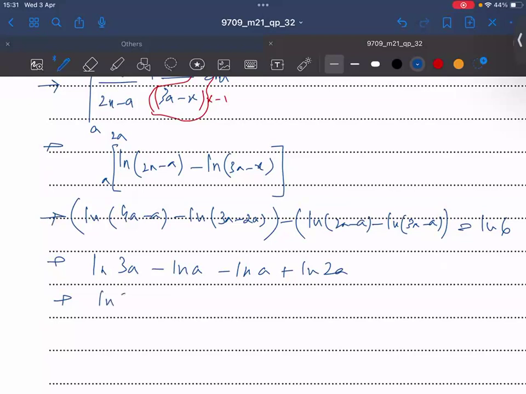So it's going to be ln 3a plus ln 2a minus 2 ln a. So this is going to be ln of 3 times 2, which is ln 6a squared, minus ln a squared.